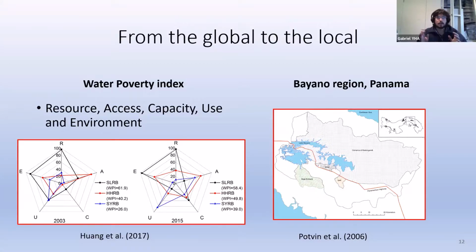I can't go into the whole makeup of the Water Poverty Index, but generally it looks at 5 components: the resource of the water itself, access to the water, the capacity to use the water, and this includes wealth, health, and nutrition and all these aspects, the different uses of the water, and the environment itself. If people want more information, you can ask after the presentation.